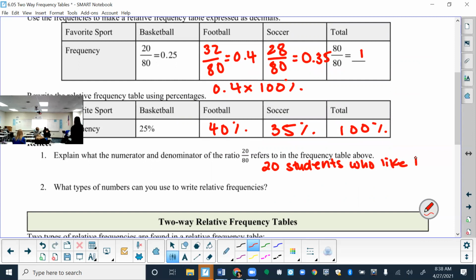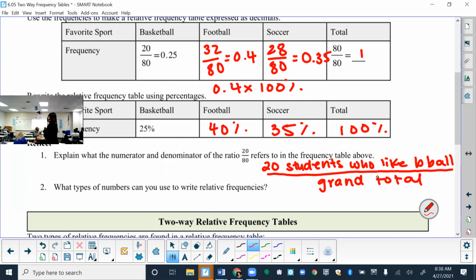I'll just abbreviate it and put b-ball. Divided by what? What does the 80 refer to? The total. Good. So the 20 refers to students who like basketball. The 80 refers to the grand total.